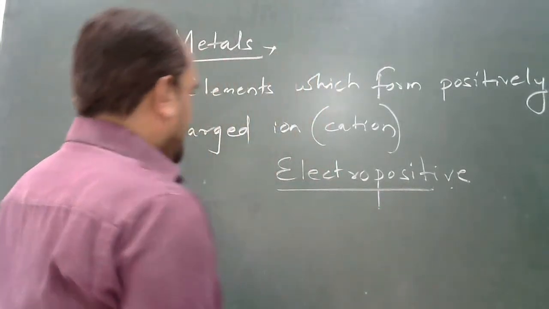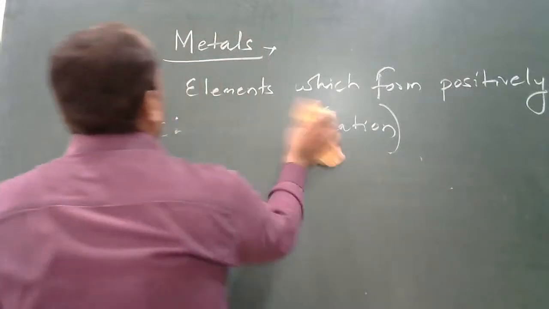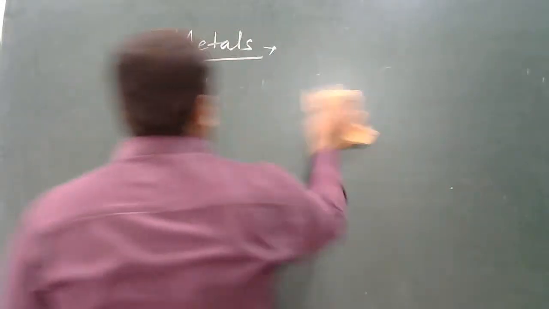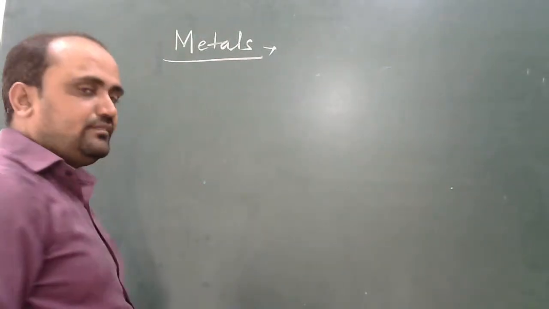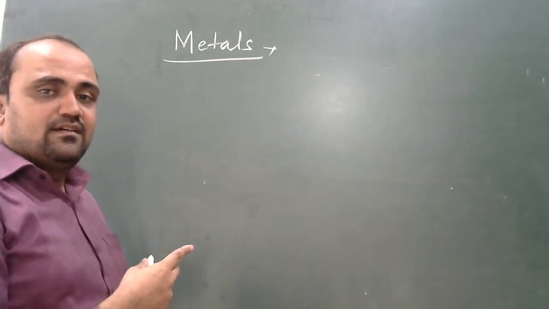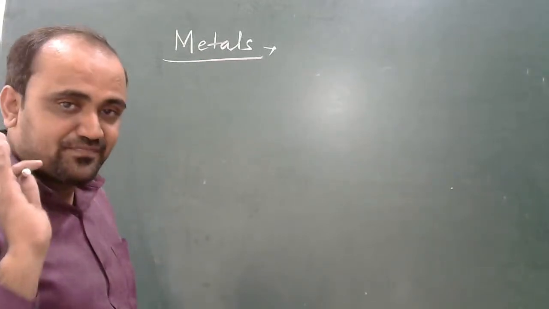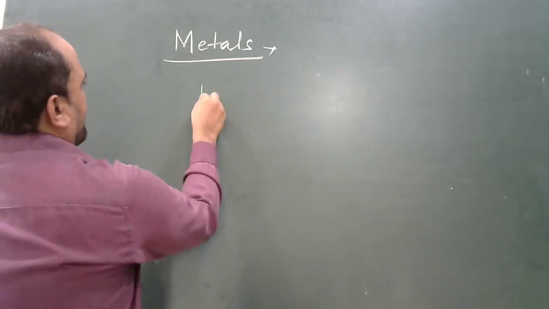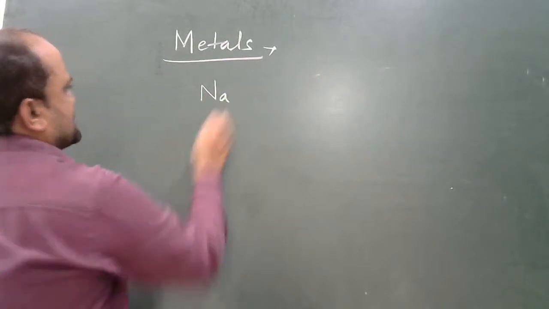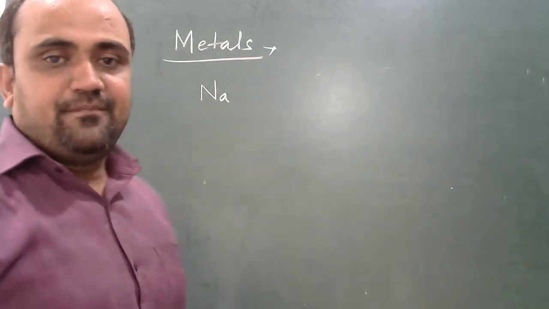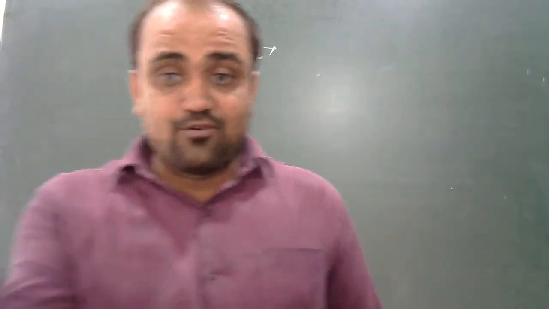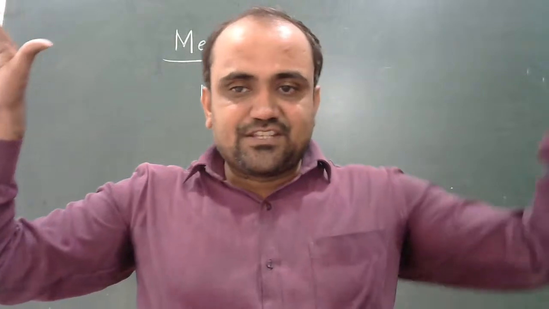So here let us start by giving one example of a metal. And this example is as old as hills. That is sodium. What is the atomic number of sodium? Let us now count with yesterday's trick, कालचा ट्रिक आपण बघूया.